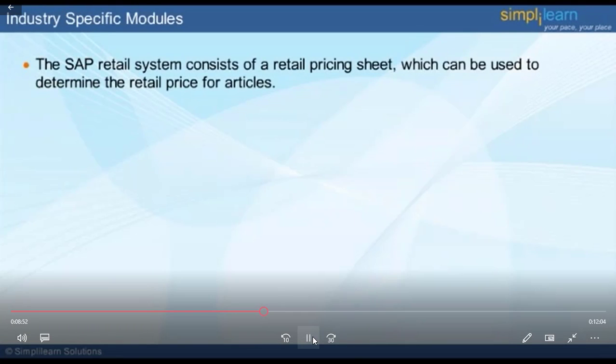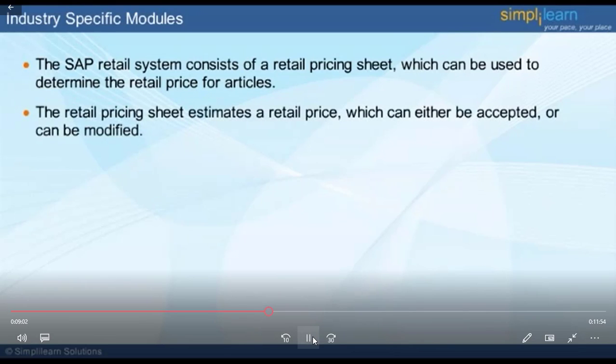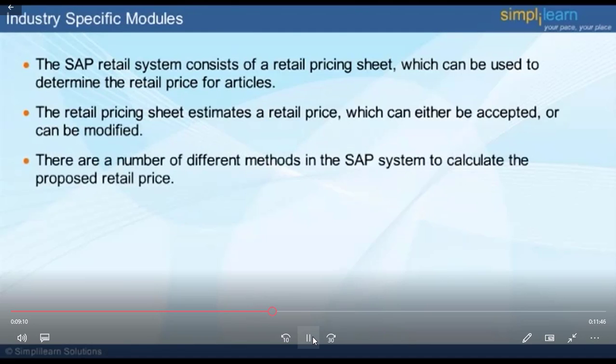The SAP Retail system consists of a retail pricing sheet, which can be used to determine the retail price for articles. The retail pricing sheet estimates a retail price, which can either be accepted or modified. There are a number of different methods in the SAP system to calculate the proposed retail price.